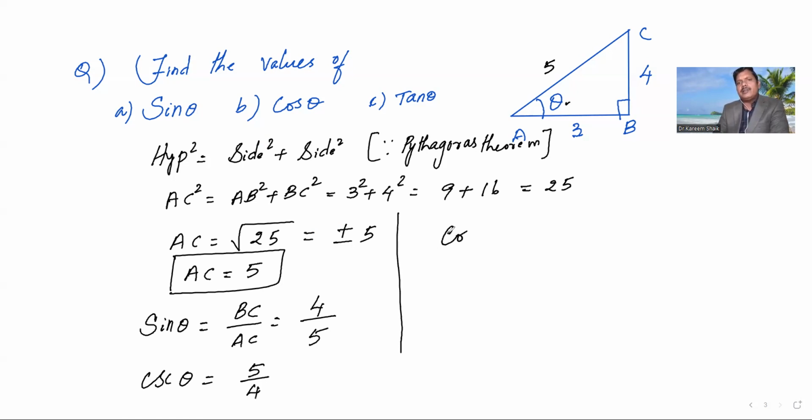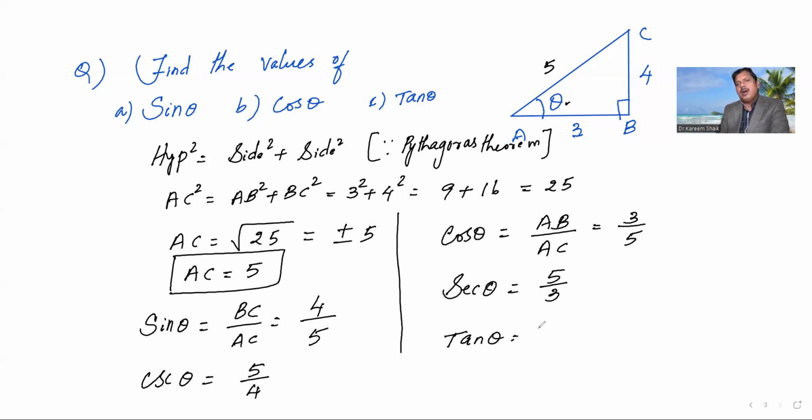Now what is cos theta? Cos theta is nothing but the adjacent side AB upon the hypotenuse AC, that is 3 upon 5. If you wish to find its reciprocal, sec theta is 5 upon 3. Similarly, tan theta is nothing but opposite BC upon adjacent AB.